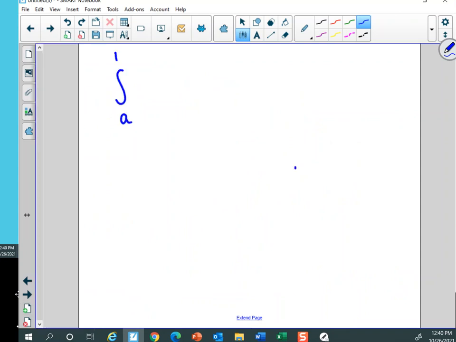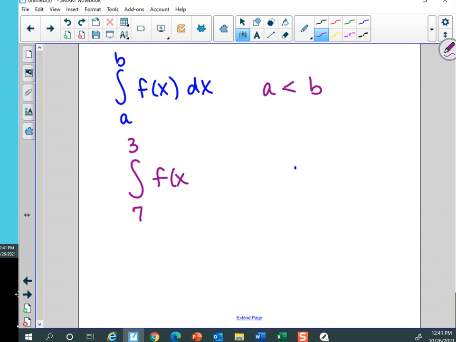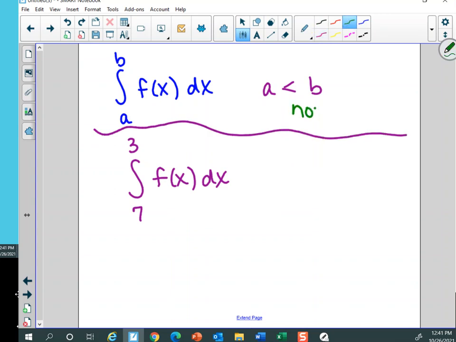One of the things is usually when we write an integral, a is smaller than b. So if I write an integral that has a 7 here and a 3 here, where this is normal, in this case, my a is 7, my b is 3, and 7 is bigger than 3.